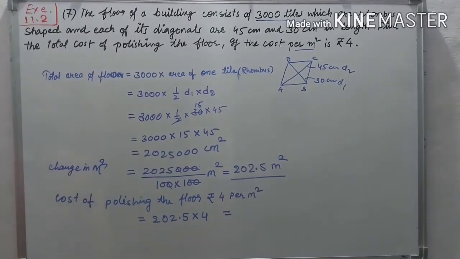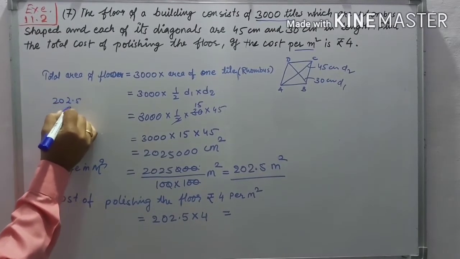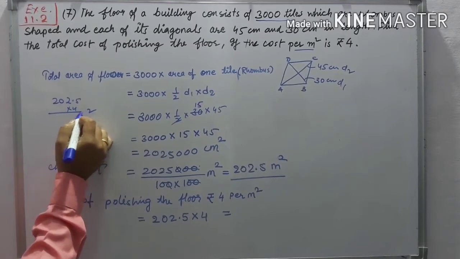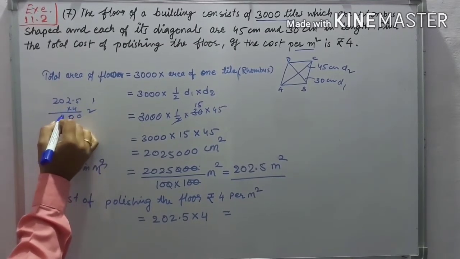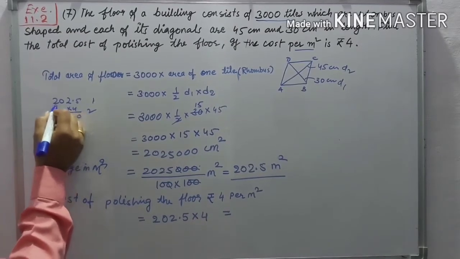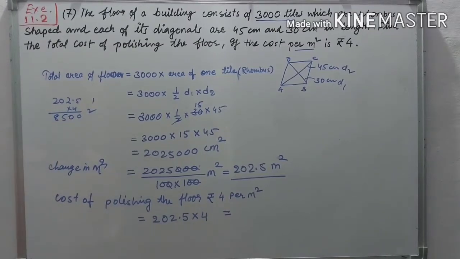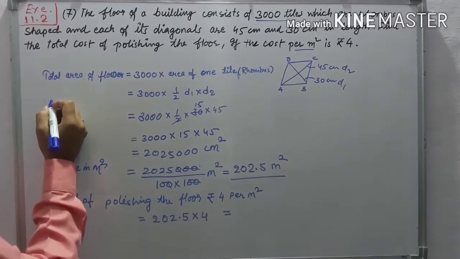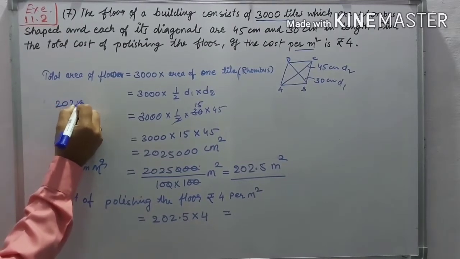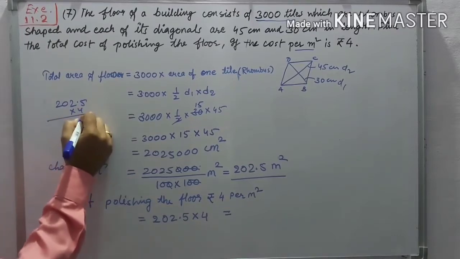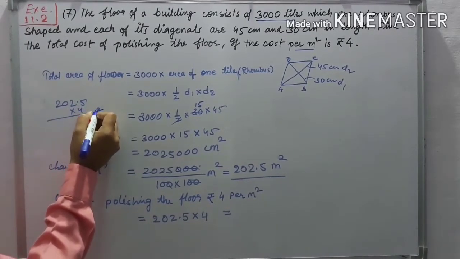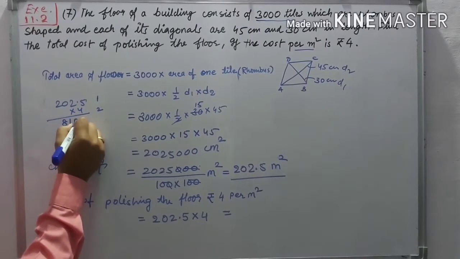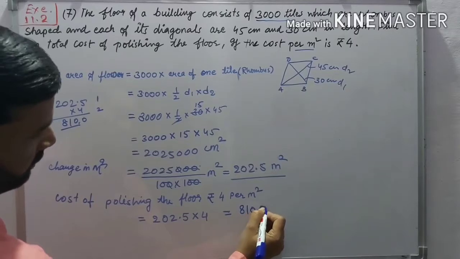Now we multiply: 5 fours are 20, write 0 carry 2; 2 fours are 8, plus 2 is 10, and so on. So the total cost is 810.00 rupees.